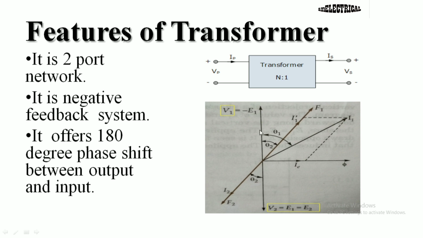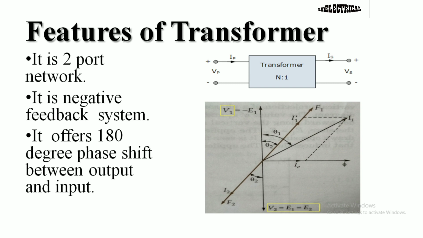That means they are of opposite direction. It is saying here that it offers a 180 degree phase shift between output and input. So the input V1 and the output voltage V2 are just of opposite direction. That means they have a 180 degree phase shift.